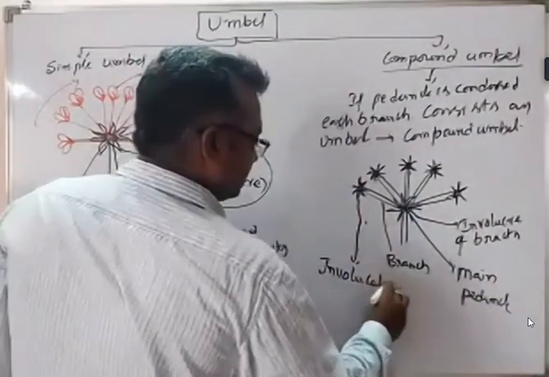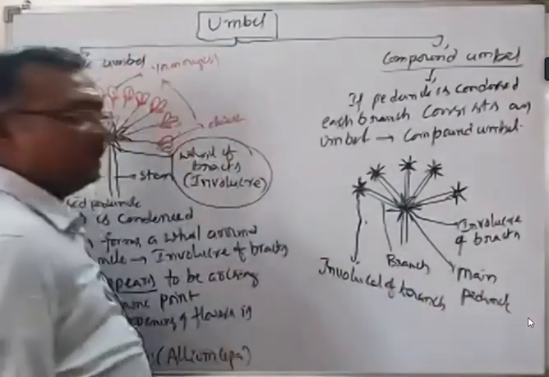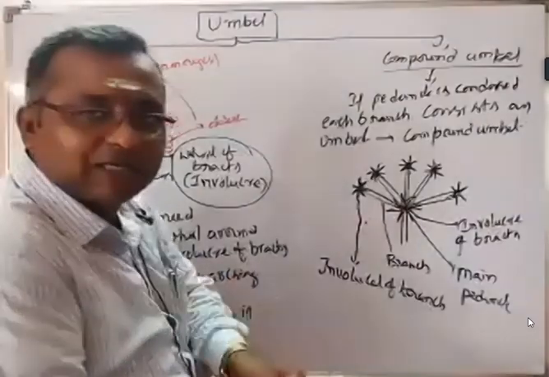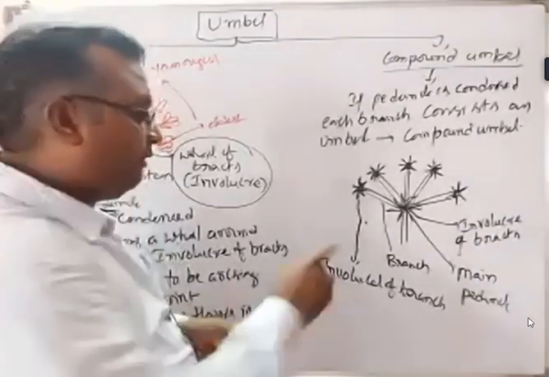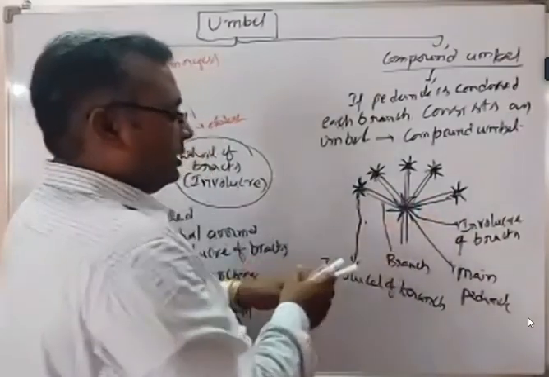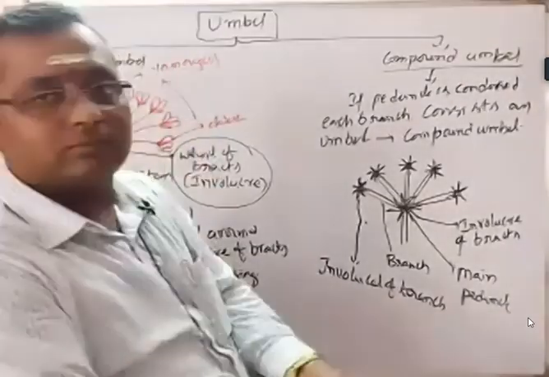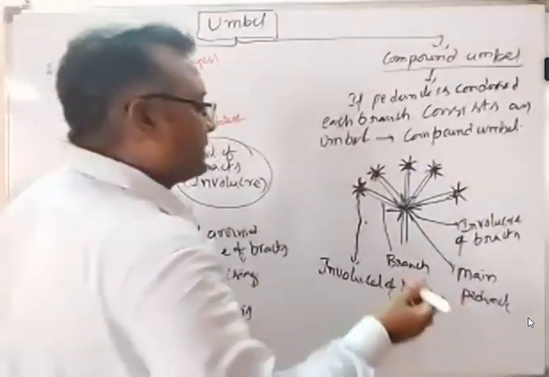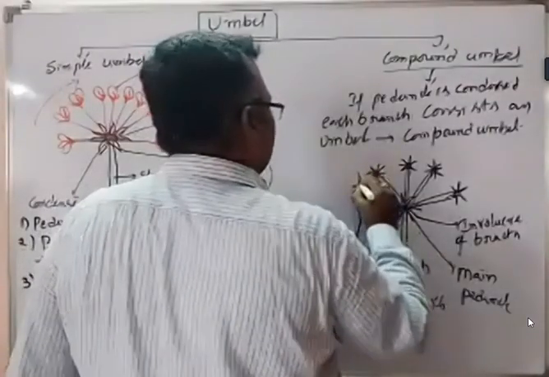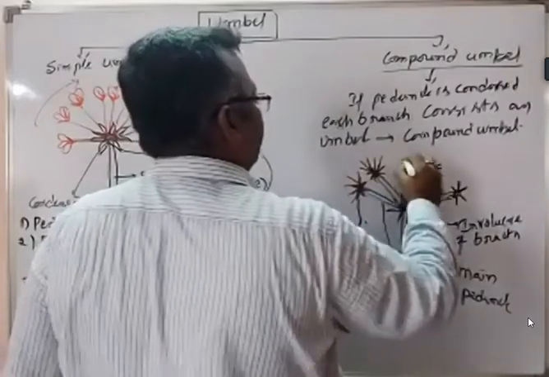If bracts are present in a whorl at the apex of the branch, it is called involucre. If bracts are present in a whorl at the base of the branch, it is called involucel. There are two kinds of bracts here. Now these are the flowers.